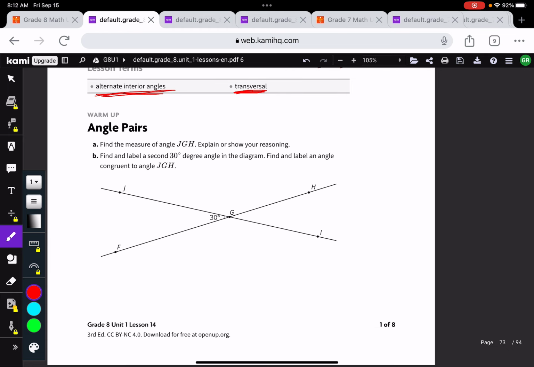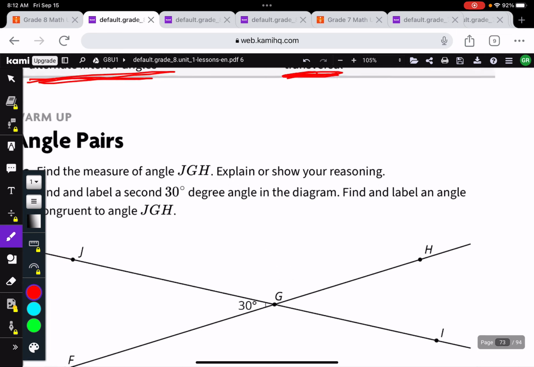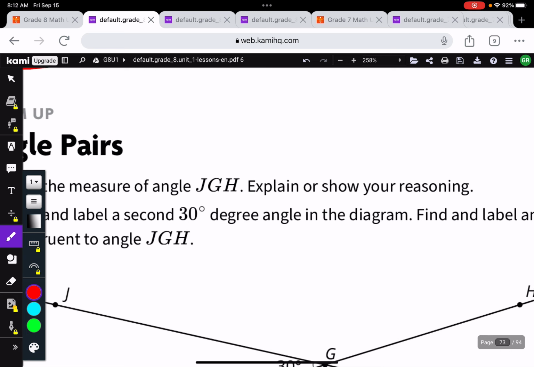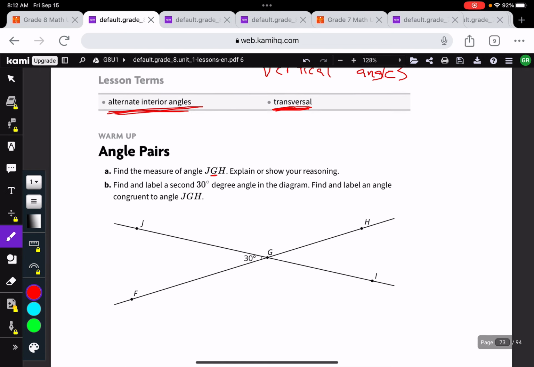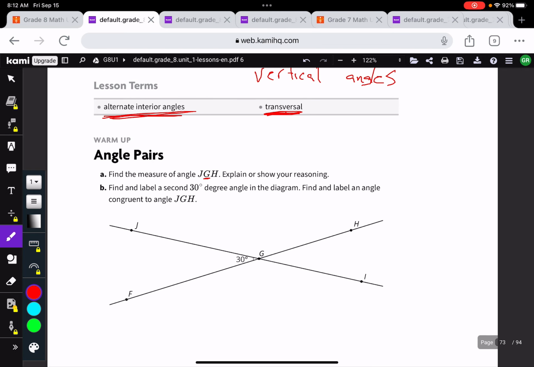It says angle pairs. Find the measure of angle JGH. Explain or show your reasoning. JGH. First off, if you don't know how to find that angle, you're going to have difficulty. That G means that is the vertex of the angle. It's where the angle will meet at a point.